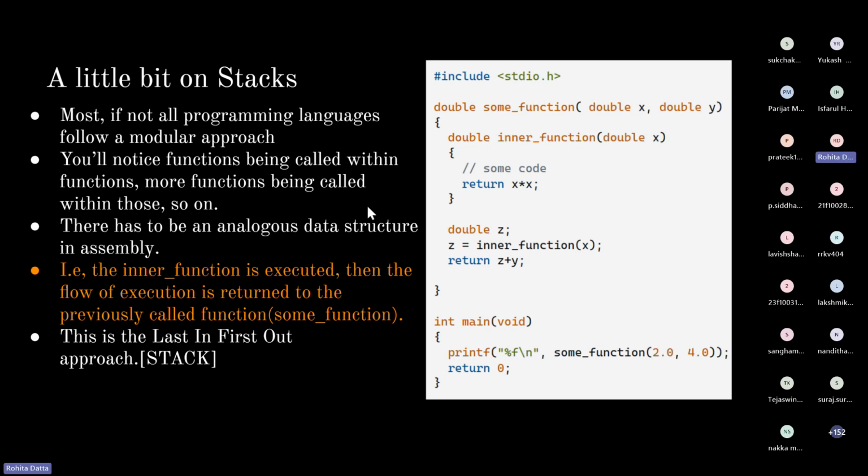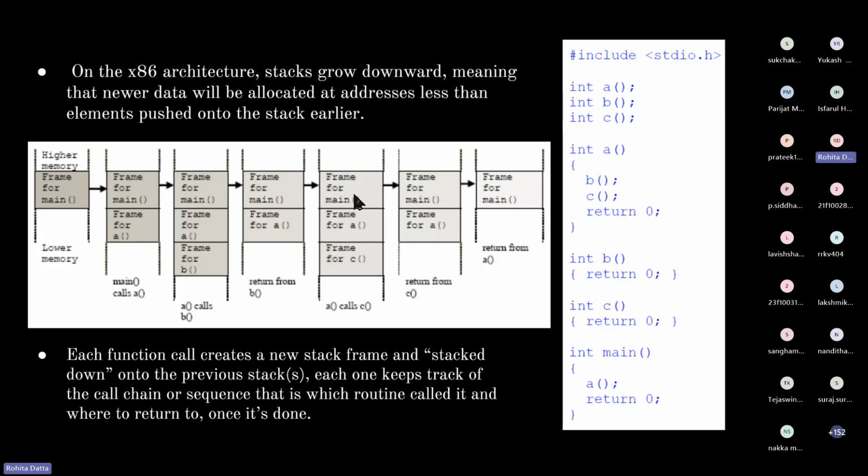Okay. So we learned exactly what a stack is and why it's required. We learned that the function that was called last has to be executed first, and you have to return to the previously called function. So in this example, there's a frame for main, after which a frame for the function A is created.